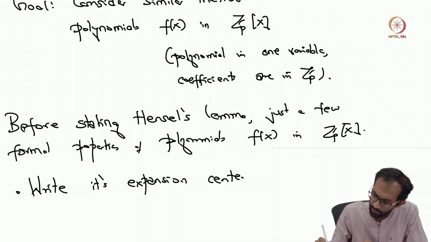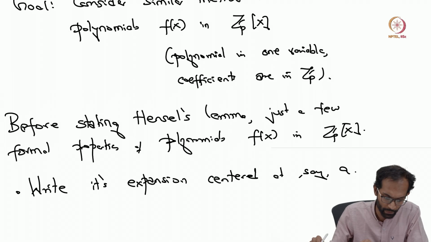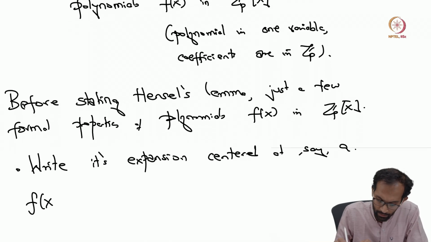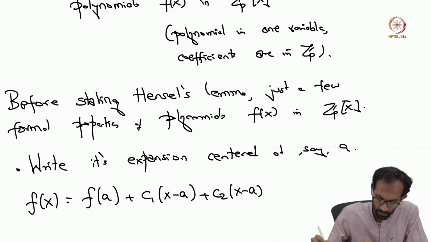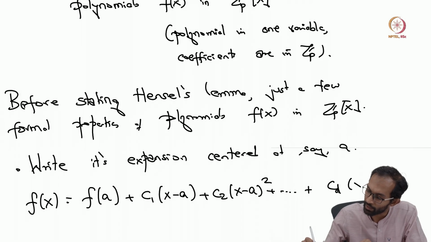So let's say it's centered at some point, say a. So you write f of x equals f of a plus c1 times x minus a plus c2 times x minus a squared, and so on and so forth, and assume it's a degree d polynomial, so cd times x minus a raised to d.